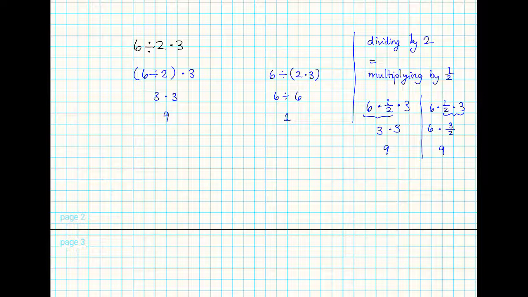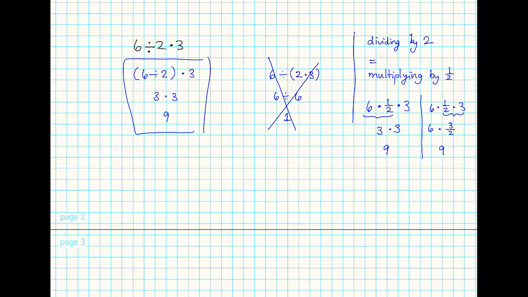And the conventional wisdom portrayed by a lot of books, and also reinforcing Khan Academy, is that if you have a string of multiplication and division, you just read left to right. So this would be the way to do it, and not that.